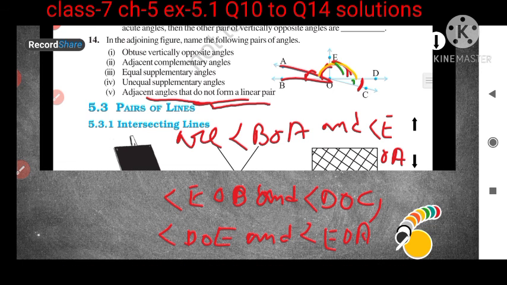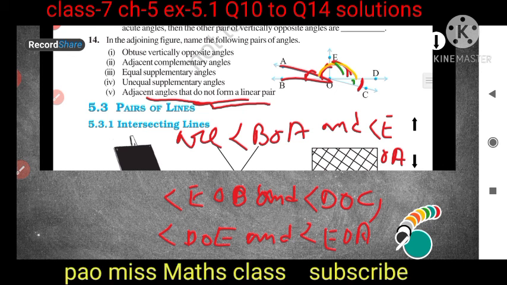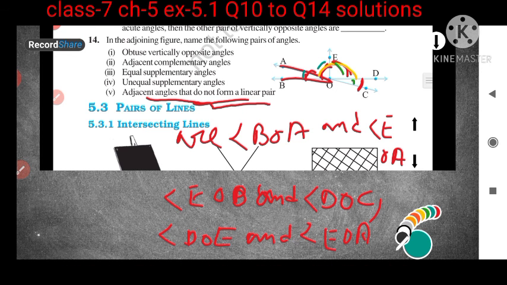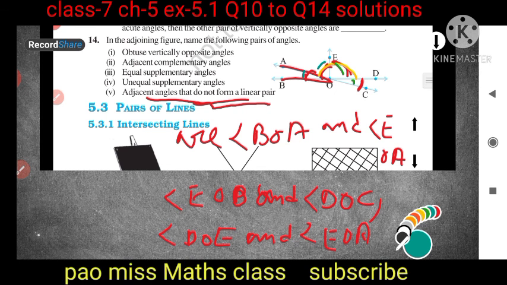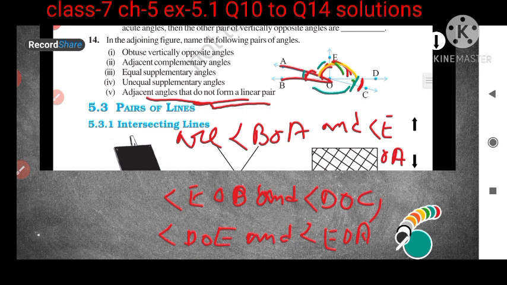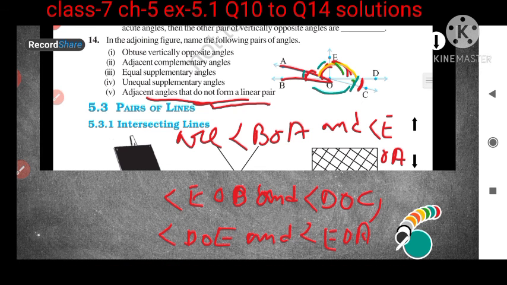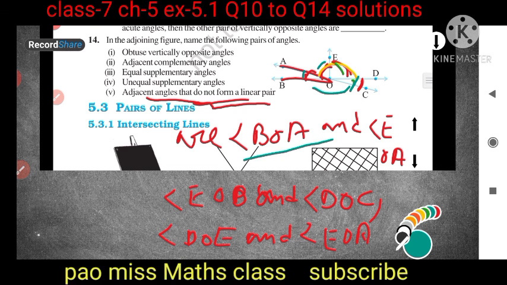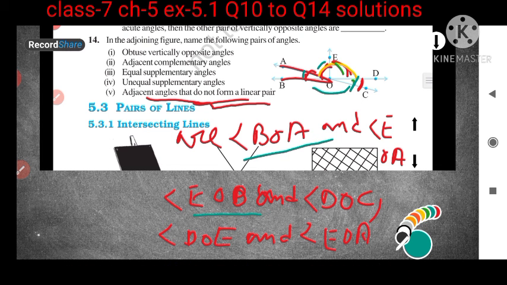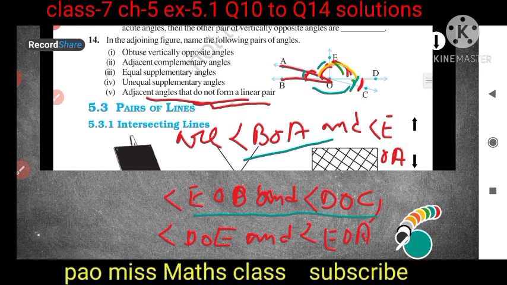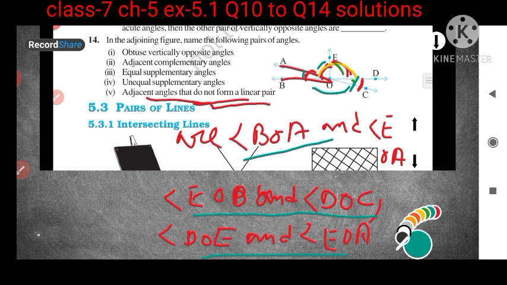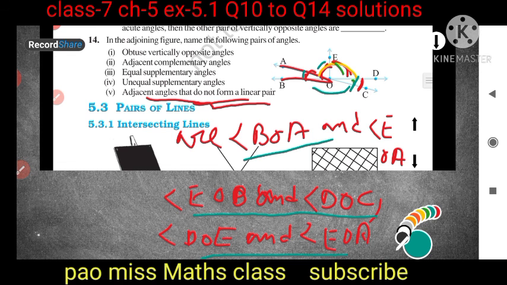Then again, this angle and this angle are also adjacent and not forming a linear pair, but this angle and this angle are forming a linear pair, so this will not be the required answer. So our answer is angle BOA and EOA, and angle EOD and DOC, then again DOE and EOA. Okay, these are the answers for this question.